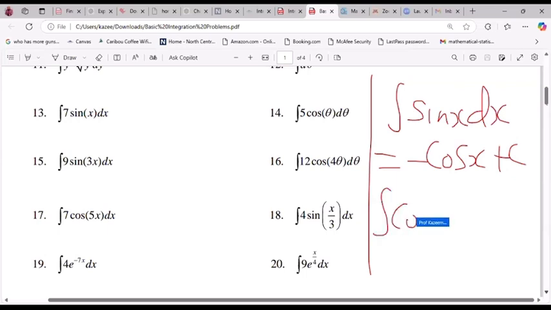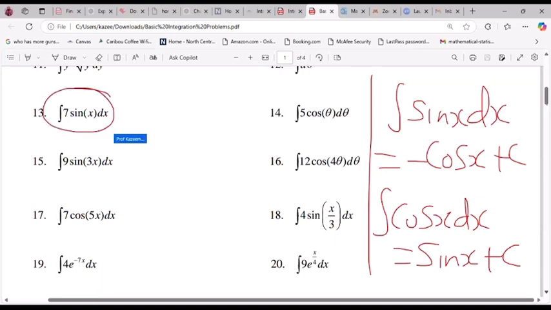The integral of cos x dx is going to be sine x plus constant. So if I want to solve that one now, because integrating sine gives negative cos, it's going to be negative 7 cos x plus constant.